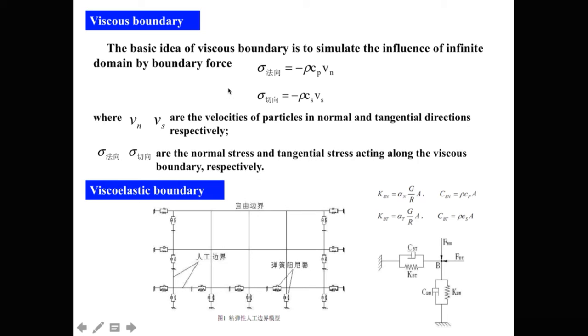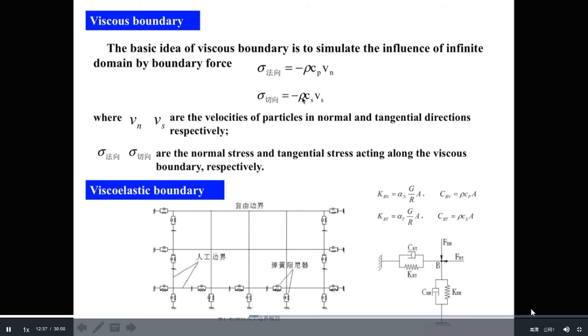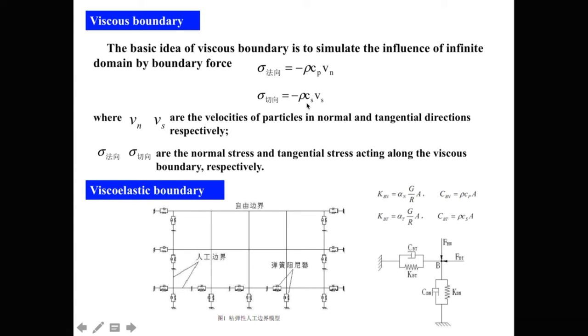and shear stress equal to negative rho, density of soil, times Cs, the viscous coefficient of shear, times the S wave velocity.